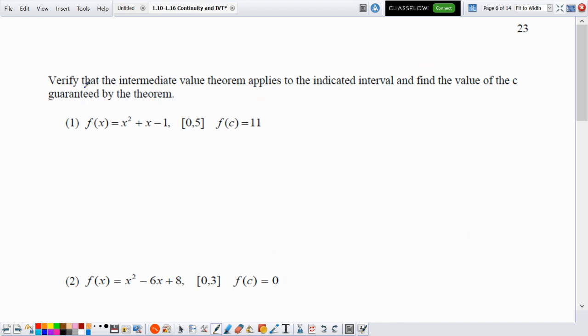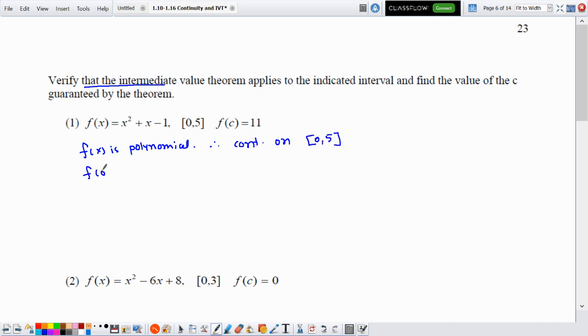So verify that the intermediate value theorem applies. Again we can say f of x is a polynomial. We don't have to prove it. Therefore, continuous on 0 and 5.